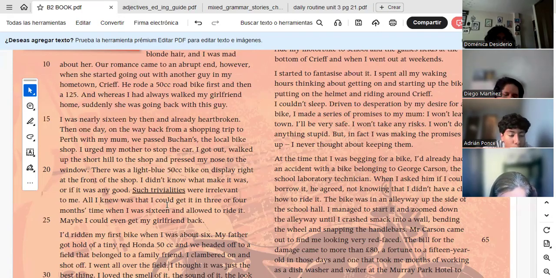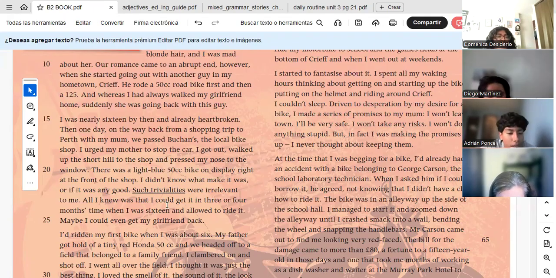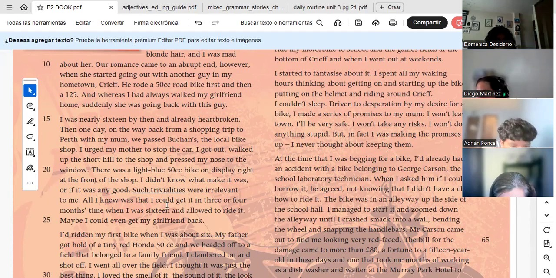There was a light blue 50cc bike on display right at the front of the shop. I didn't know what make it was, or if it was any good. Such trivialities were irrelevant to me. All I knew was that I could get it in 3 or 4 months' time when I was 16 and allowed to ride it. Maybe I could even get my girlfriend back.